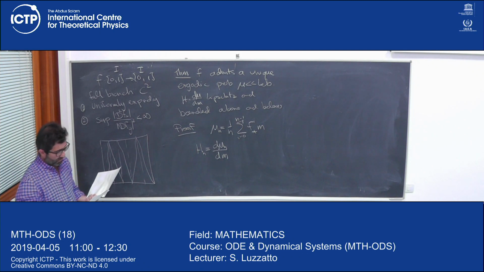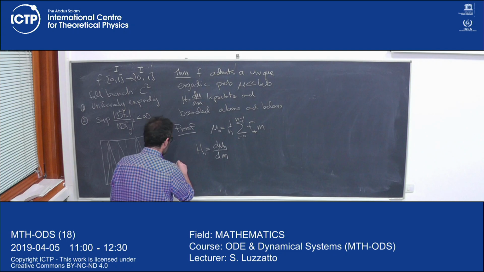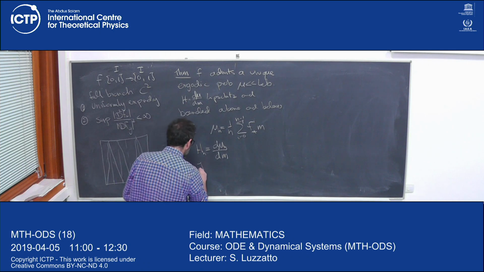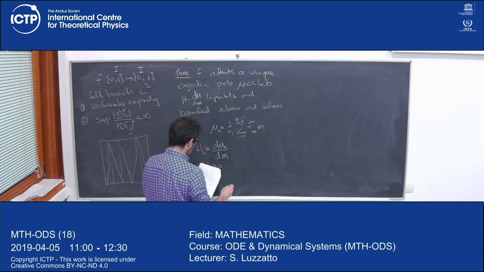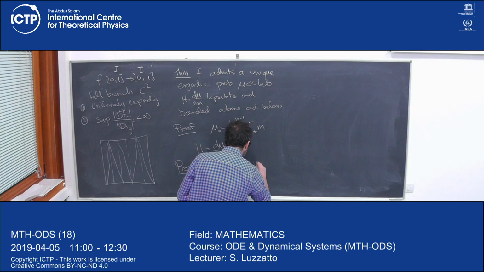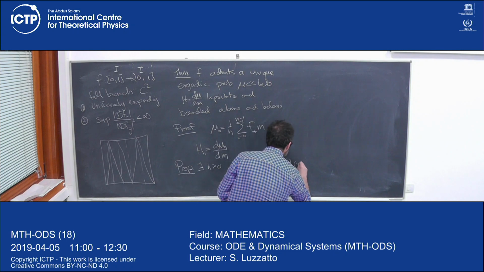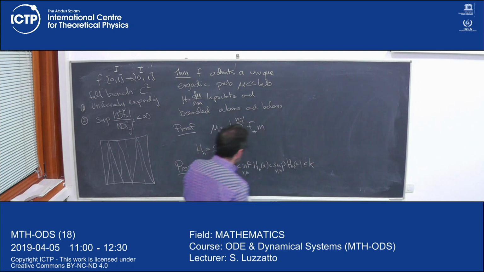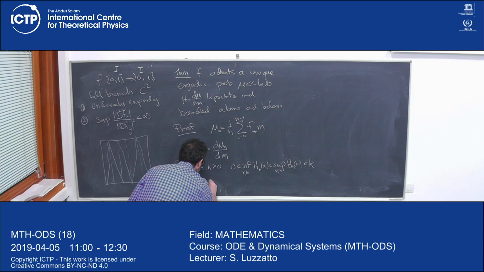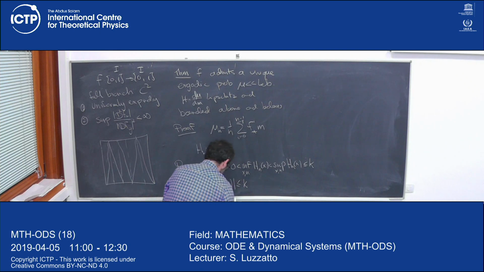And then we need to show the proposition: there exists k greater than 0 such that the infimum over all x and n of Hn of x is less than the supremum over x, and the supremum is less than or equal to k.